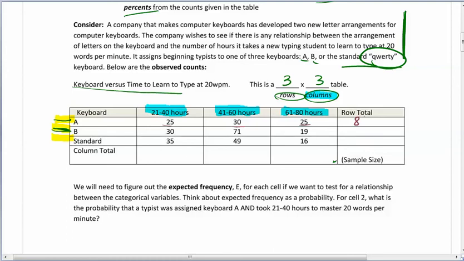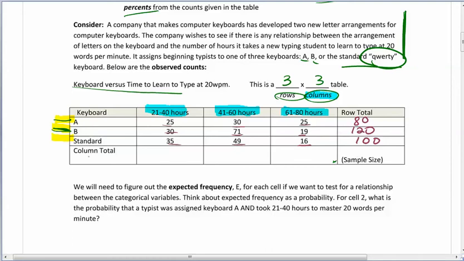That's 80 typists assigned to keyboard A. If you add 30, 71, and 19, you'll see that we have 120 typists assigned to keyboard B. And then you'll notice 35, 49, and 16 add to 100. There were 100 typists assigned to the standard QWERTY keyboard.